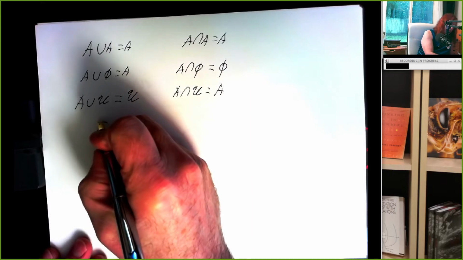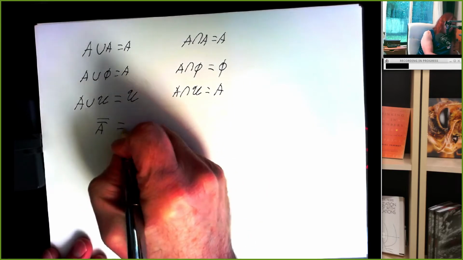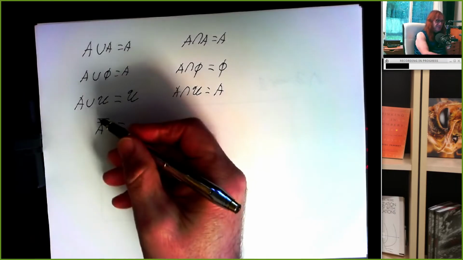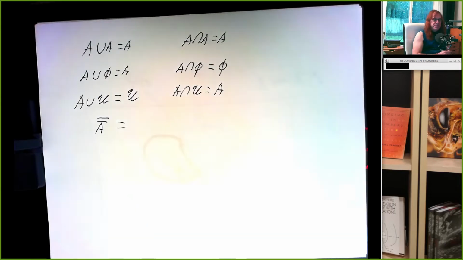If we take the complement of A and we take the complement of that complement, any guess what we come up with? You're allowed to complement a complement? Mm-hmm. You can complement any set, and the complement of A is a set, so we can take the complement of that.